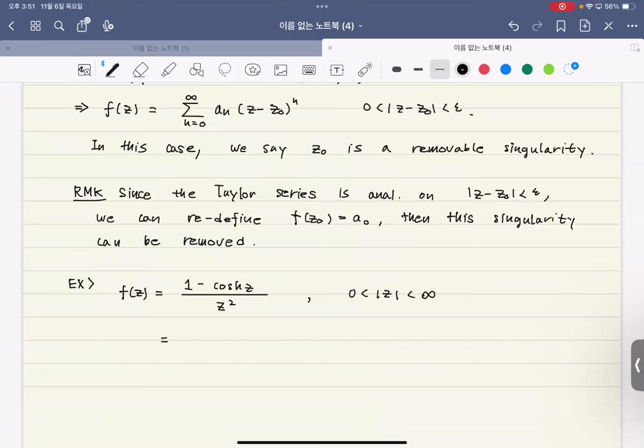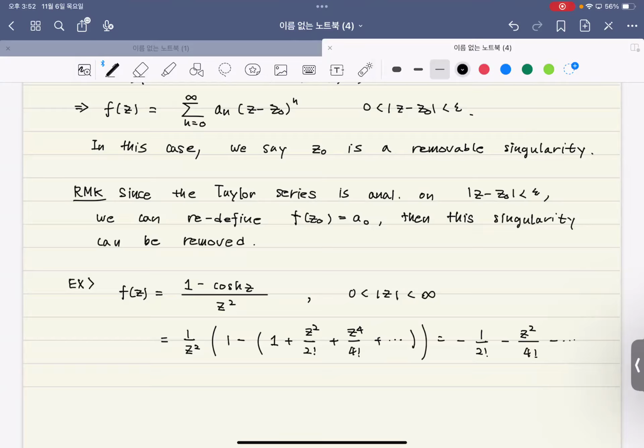And the Laurent series is 1 over z squared times 1 minus, what is the Taylor series of hyperbolic cosine? 1 plus z squared over 2 factorial plus z to the 4th over 4 factorial, and so on. So this is just, what is this? Minus 1 over 2 minus z squared over 4 factorial and so on.